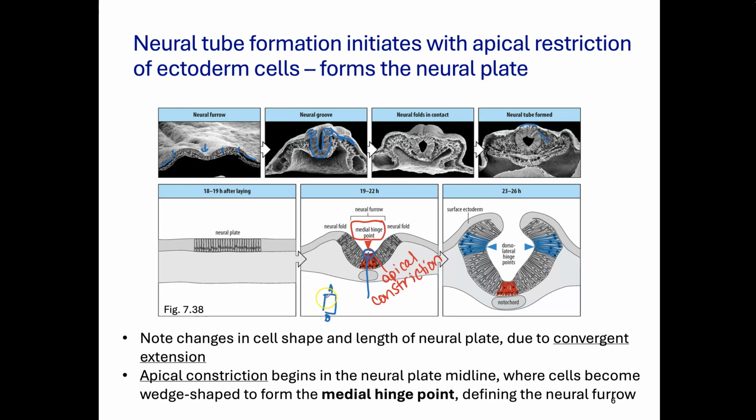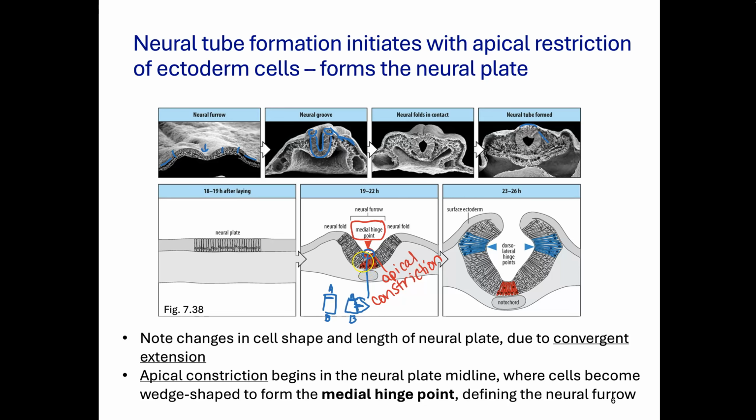And what happens is the networks of actin fibers across the apical side contract, they pull the apical part narrower while leaving the basal part the same. And when that happens, in order for the cells to maintain their contacts with each other, I'm not very good at drawing this, but the idea is that when you maintain these contacts but narrow these surfaces, you're going to necessarily form a little bit of a groove, right? And that's what this is showing.